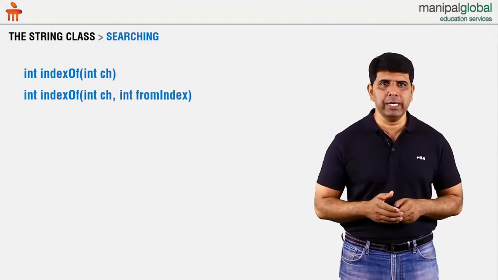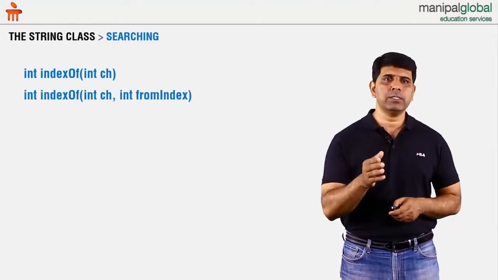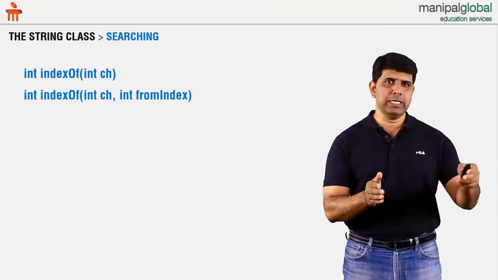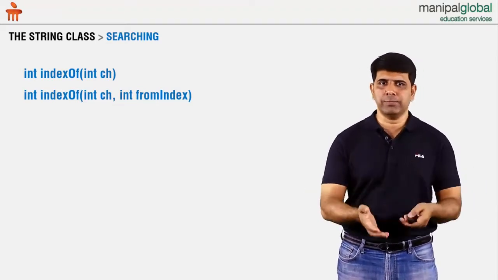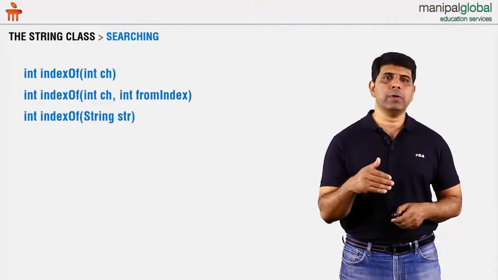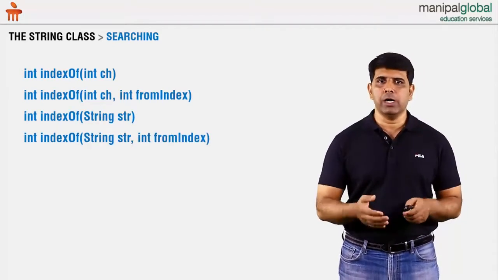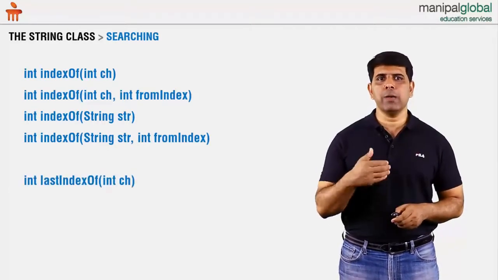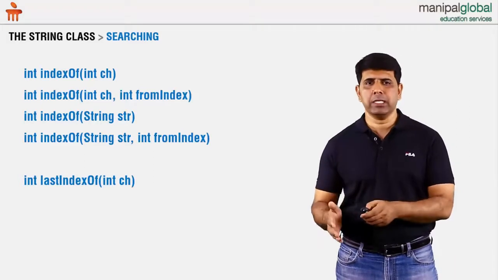There are variants of indexOf. For example, you can say start searching for this particular character only from a certain distance. So you don't have to really start from the first one. By default, it starts from the 0 index. You can also search for a complete string, or a string from a given index. Now, there is also a method called lastIndexOf.